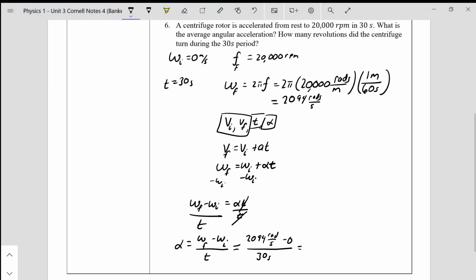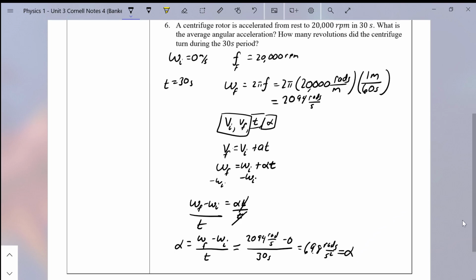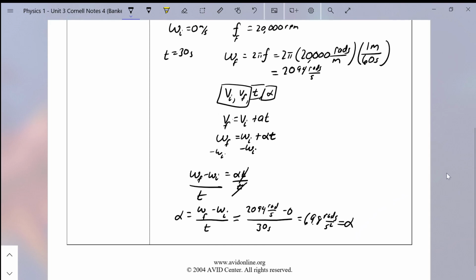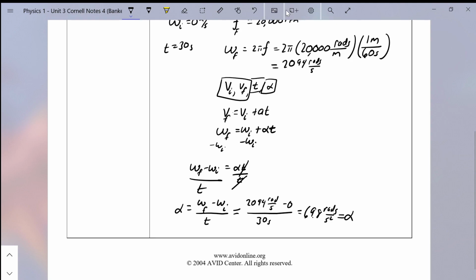When I plug this into a calculator, I get 69.8 radians per second squared, and that is my alpha value. I'm running out of room here, so I'm going to go ahead and insert another page. I will need this.